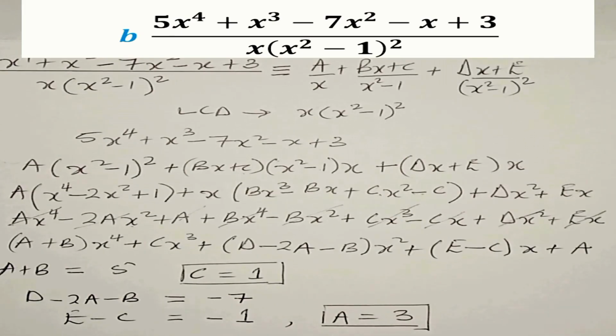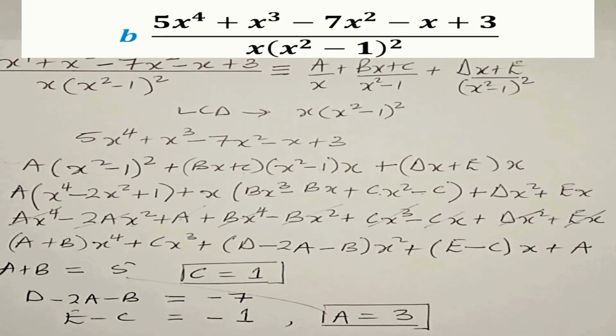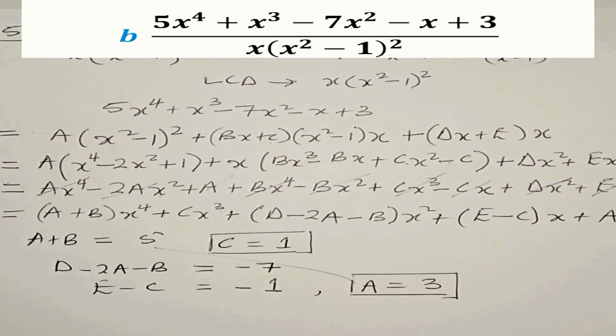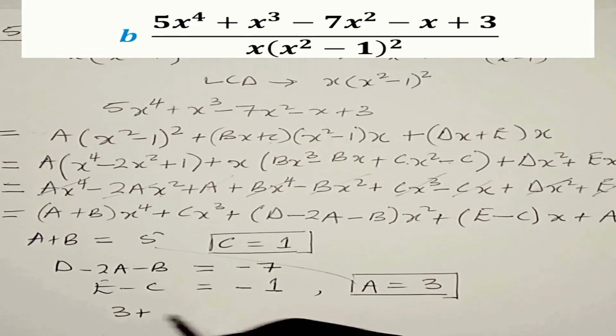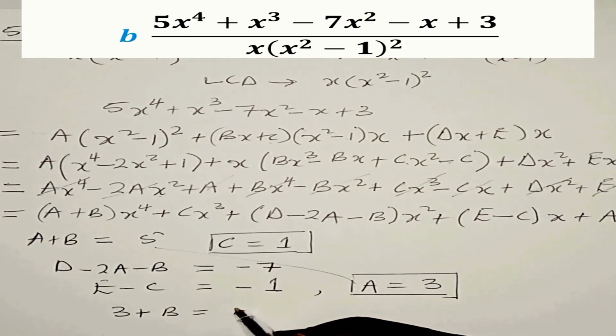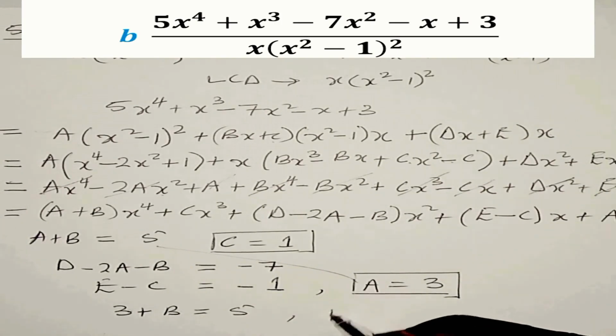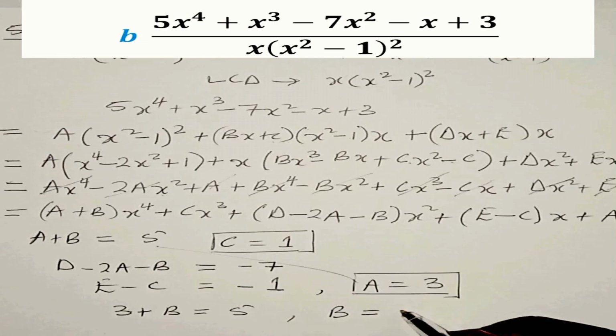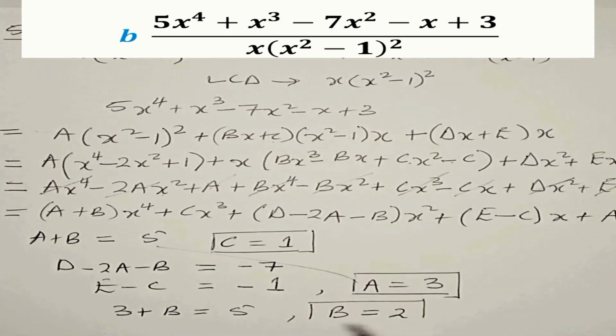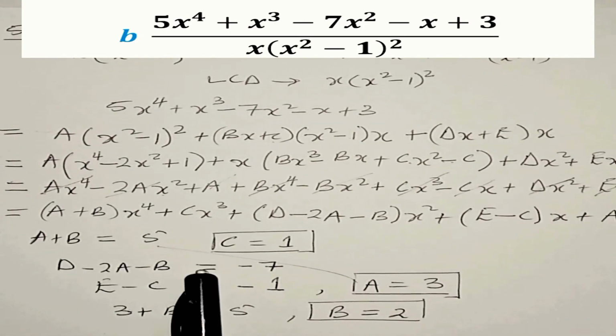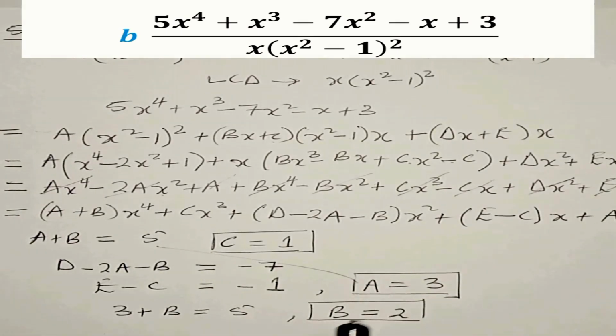All right. Now we can just take this a into that equation, so that we have 3 plus b is equal to 5. And you take 3 to the other side, it becomes negative, so we have 5 minus 3. Then we say b is equal to 2. Now we can move on to this other equation. Now that we have a and we have b, we can solve for d.